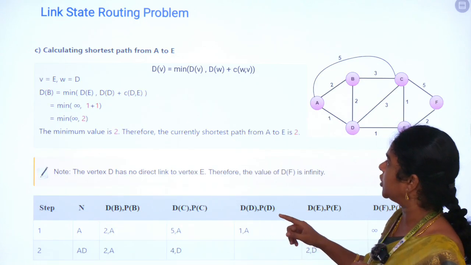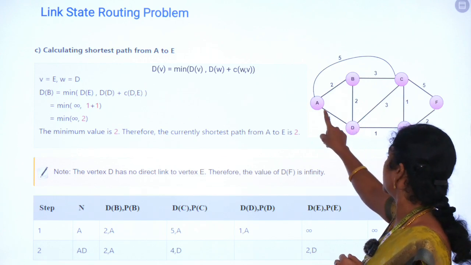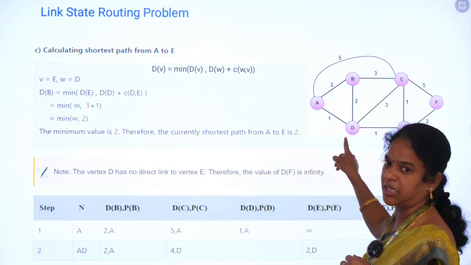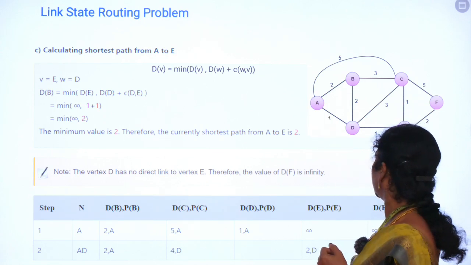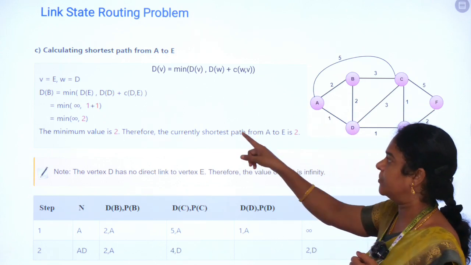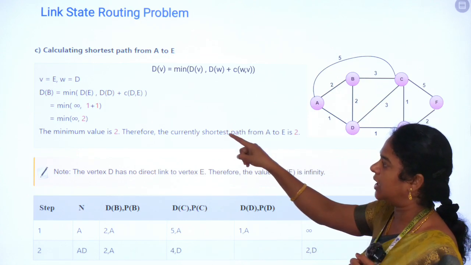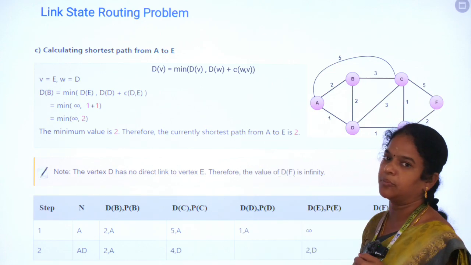Similarly, A to B we found, A to C we found, with D as the root node. Now you find E, because D is the intermediate node. Already we found that D is the shortest path. So A to E we use the intermediate D. So V is the E node and W is the D node. Similarly, you find minimum of infinity comma 2, so the minimum is 2.